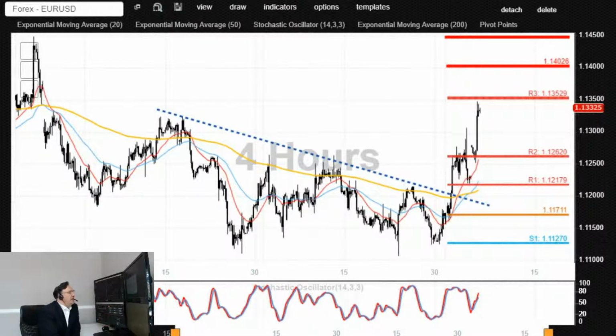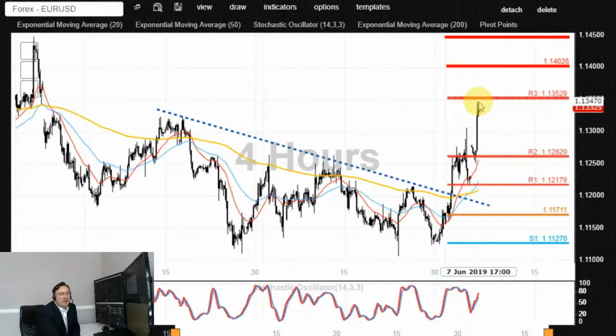This is the 4-hourly intraday price action for euro dollar. We have a bullish breakout higher above that key previous resistance area at 1.1250, 1.1260 that we were talking about last week. The price action currently appears to be capped by the 1.1350 area on the upside.